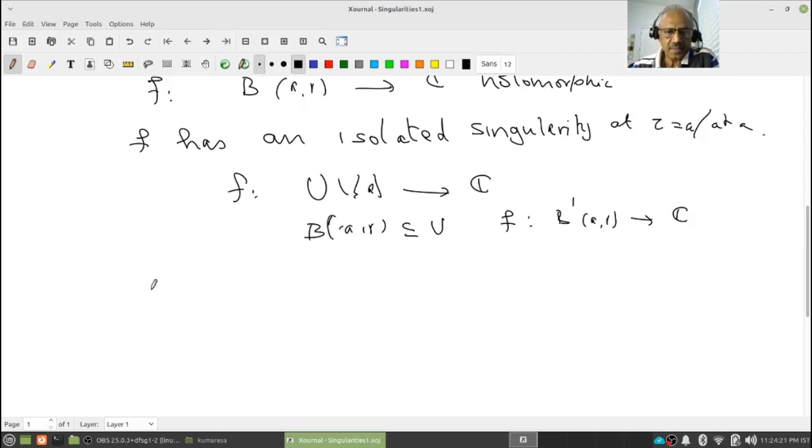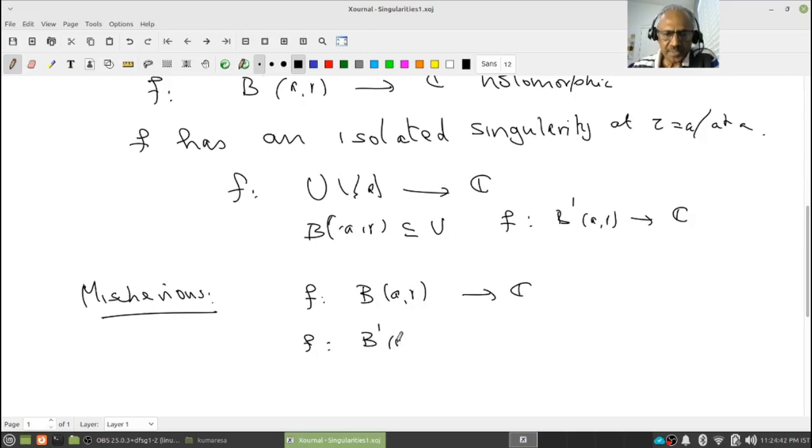But we can be mischievous. Suppose I have a function f which is holomorphic from B(A,R) to C. Now f of course is holomorphic from B'(A,R) to C. Therefore, can I say A is an isolated singularity?